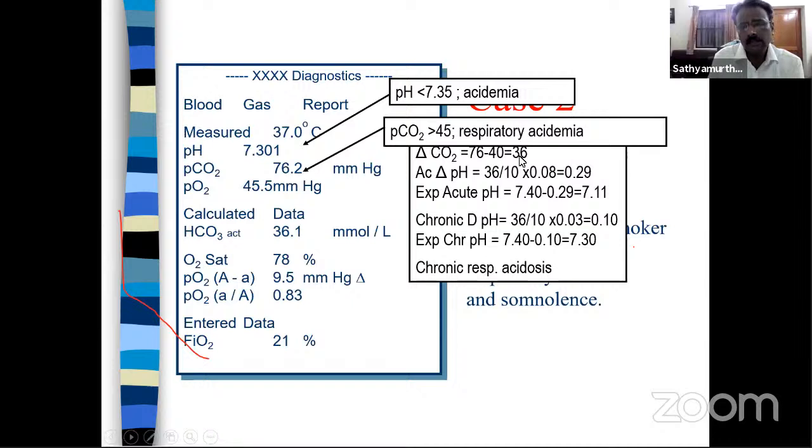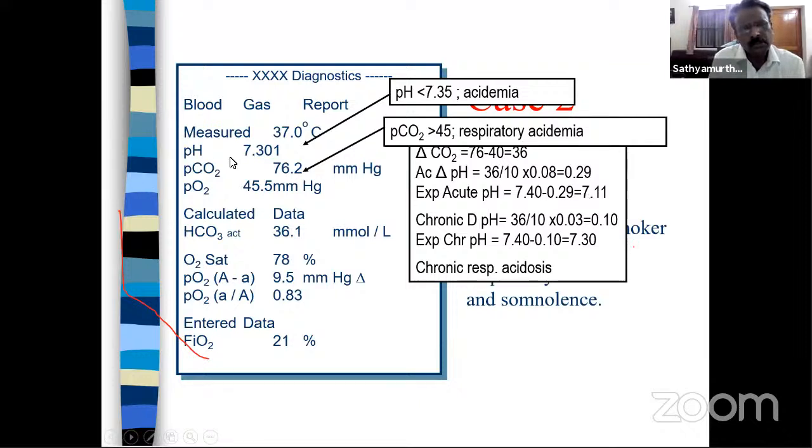So there's a rise of 36. So what will be the delta pH? For acute, it will be 36 by 10 into 0.08. So 3.6 into 0.08, that's 0.29. So if it's acute, your pH should have been 7.11.